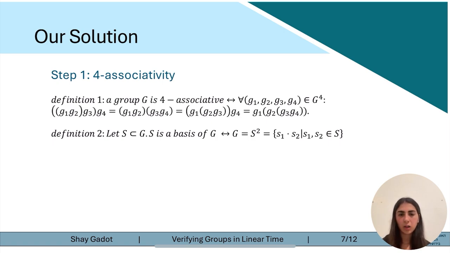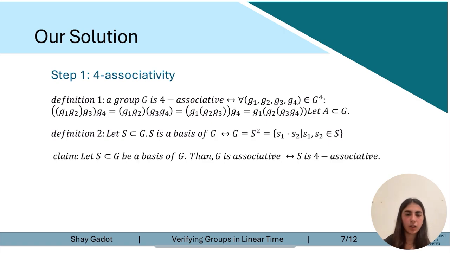As we see here, the relation is changing all the order of the brackets, just like we do in associativity in sets of 3 elements. And the basis of a group is a set S contained in the group G, where G equals S squared, that is multiplications of all elements in S.